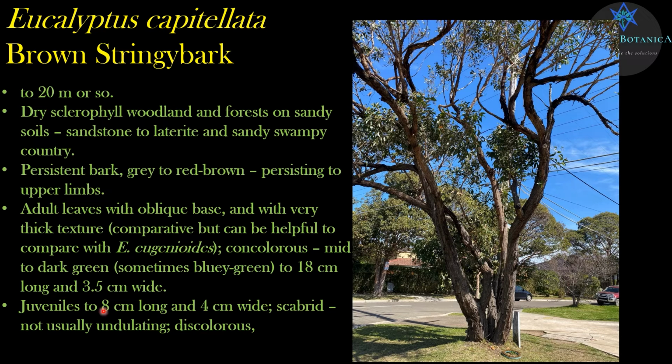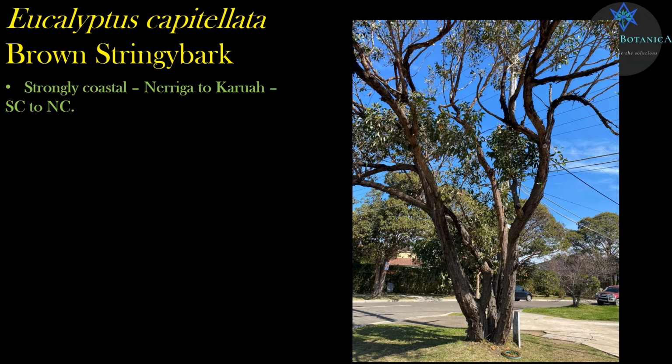The juveniles are 8 centimetres long, 4 centimetres wide. They are scabrous for the early leaves at least. They're not usually undulating and they are discolorous. So this particular tree has really fat leaves on it, this capitulata. I've always collected samples of it for years. It's just up the road from my place. So it's a nice tree.